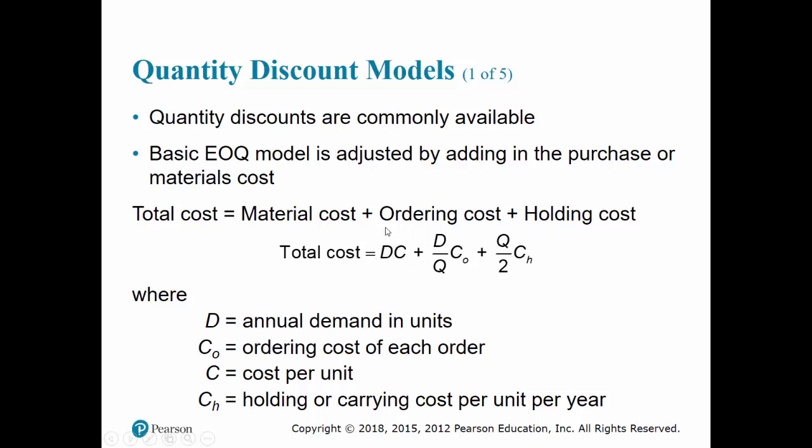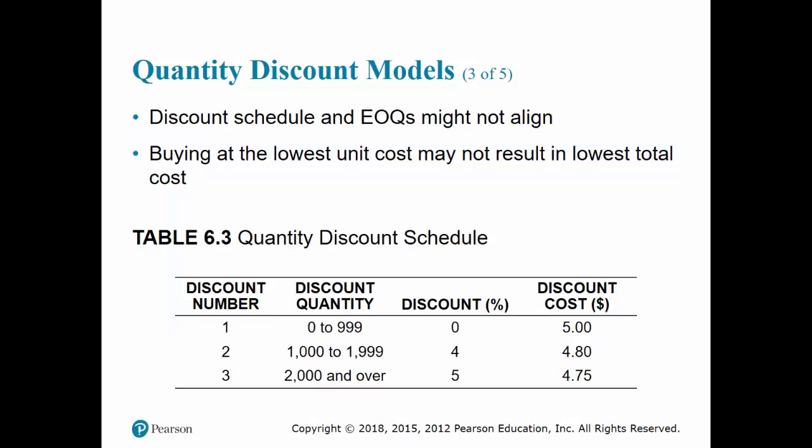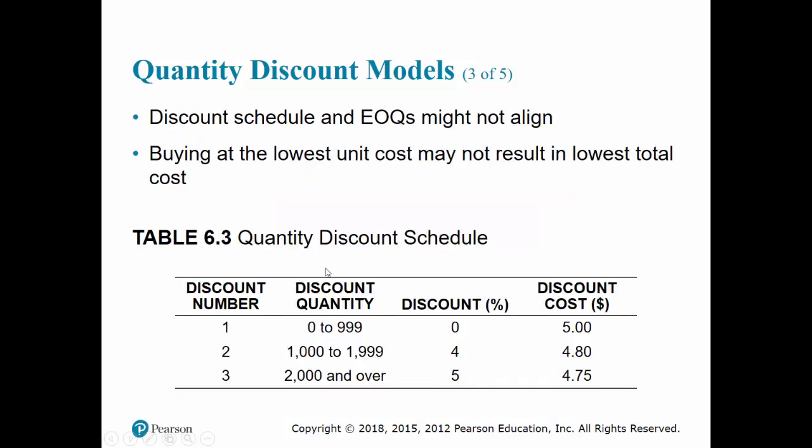When you add that, and if the prices differ for different quantity ranges, then you no longer have a single cost curve. Now the cost curve becomes disjointed based on when we have discounts. For example, here if you order up to 999, you have no discount, say $5 is the cost.